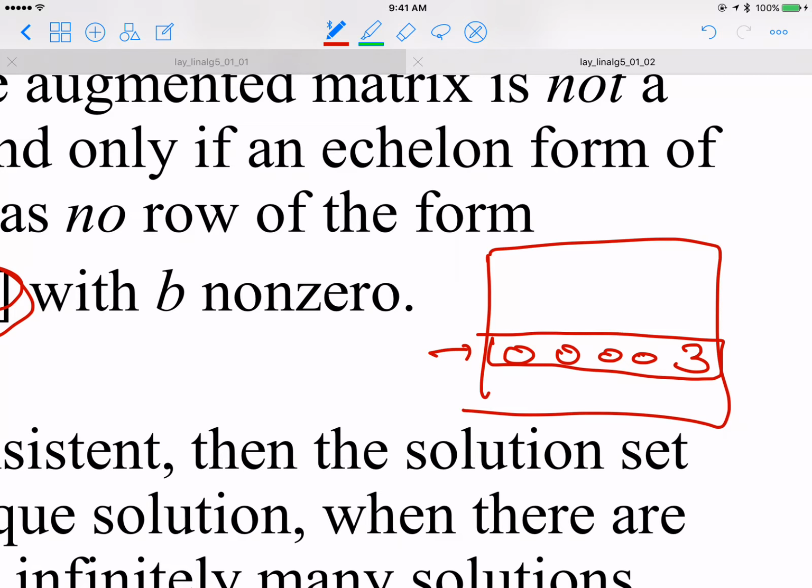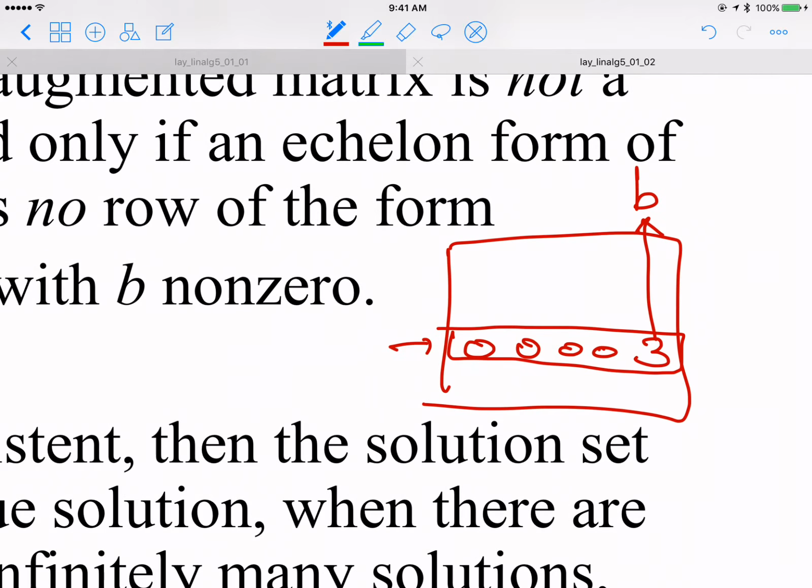This is an echelon form, so the leading entry in each row will be your pivot. And this pivot corresponds to the column of B, right? Then this equation corresponds to 0 equals 3, so that will give you no solution, right?